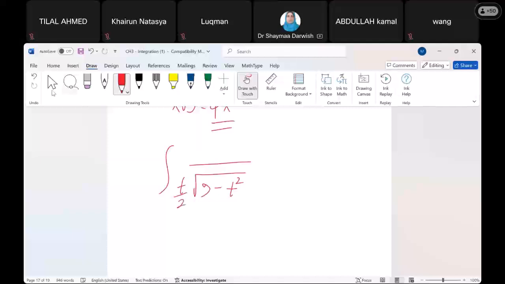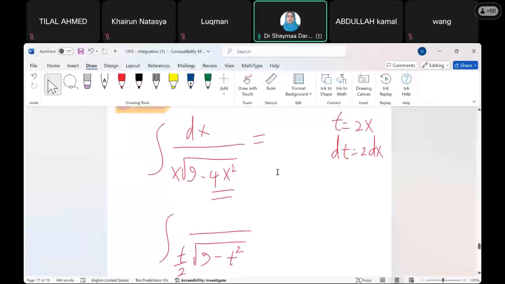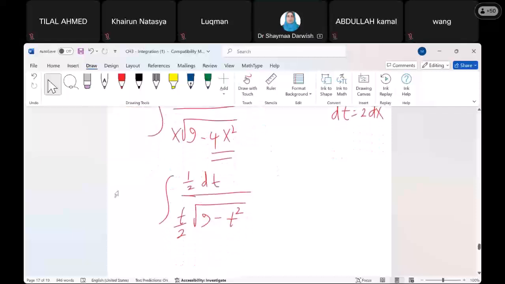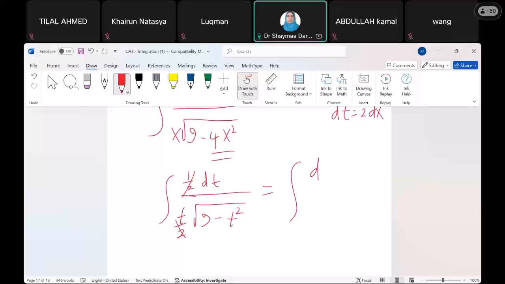Okay, what about dx? dx equals 1 over 2 dt. The 1 over 2 here will cancel with the 1 over 2. So the integration is dt over t square root of 9 minus t squared.